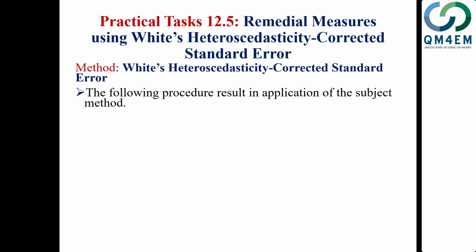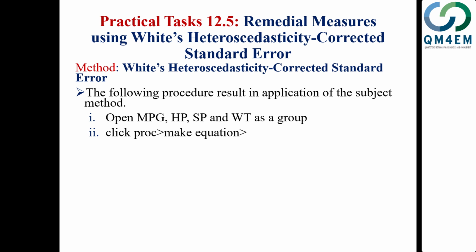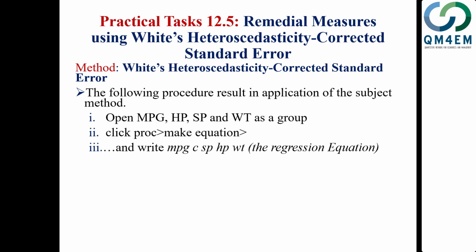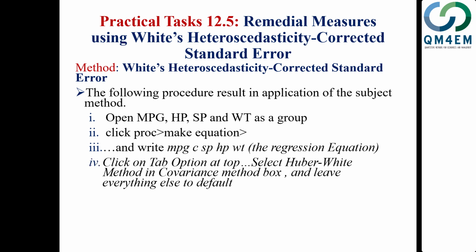First of all, you have to open these three variables, the explanatory variables along with the dependent variable, as a group. Then you click on Proc, Make Equation, as in the standard procedure you used to follow. But this time, once you have written the equation, before clicking OK, you go to the Options tab at the top and select the Huber-White method in the covariance method box, leave everything else as default and press OK.